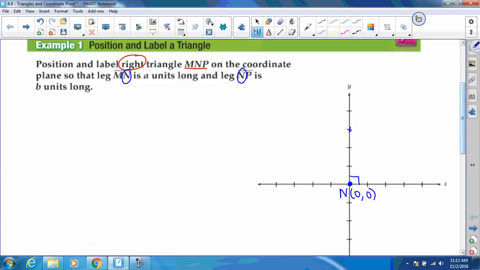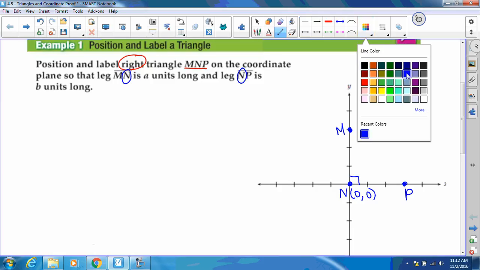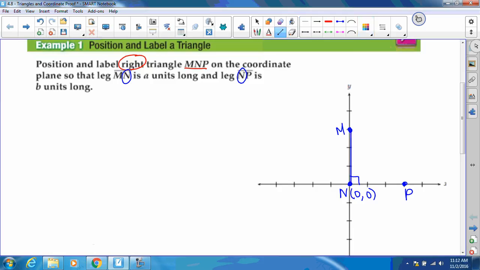Let's just say this would be M up here, and we'll put this as P. And then I'm going to connect these dots. Okay, so I have my triangle. I need to finish out by putting the coordinates of M and P.